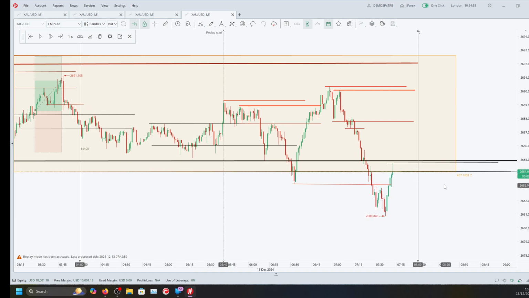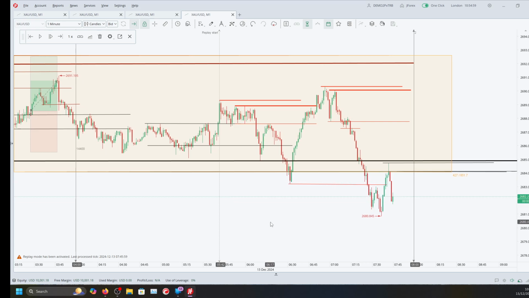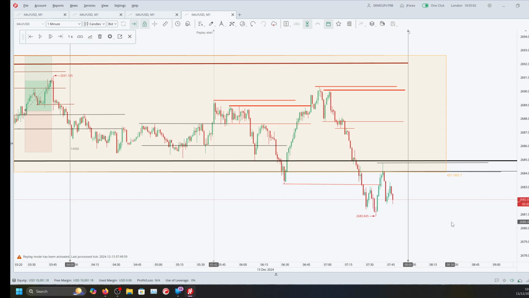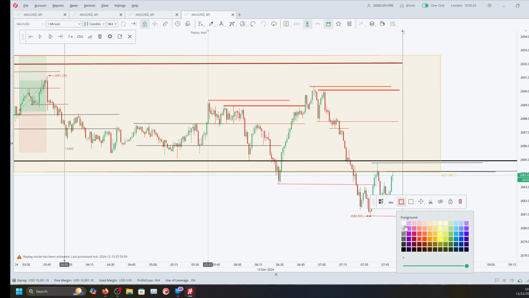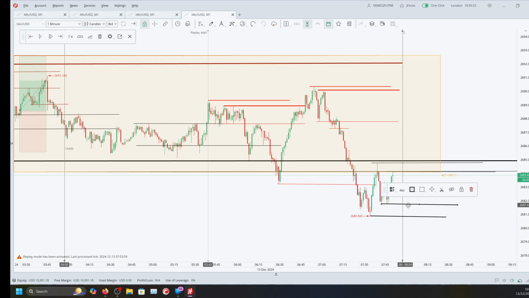So you're up into this zone. But the interesting thing is, we're failing now to make a new low below here.